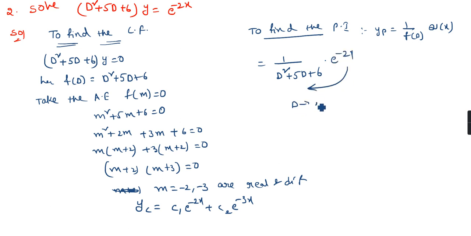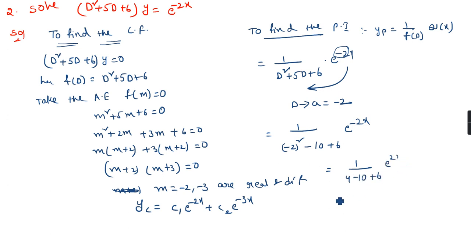Replace d by a, which equals minus 2. The value of a is minus 2. So replace d by minus 2: 1 by (minus 2 whole square plus 5 into minus 2 plus 6) into e power minus 2x, as usual you have to write. So 1 by (4 minus 10 plus 6) into e power minus 2x.